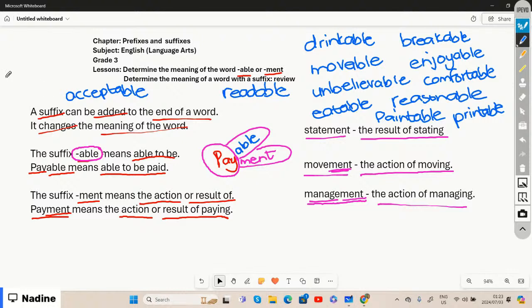Let's say yes for cryable, because you are able to cry. Let's rather say it like that. Yes, something is tryable. We have replaceable.